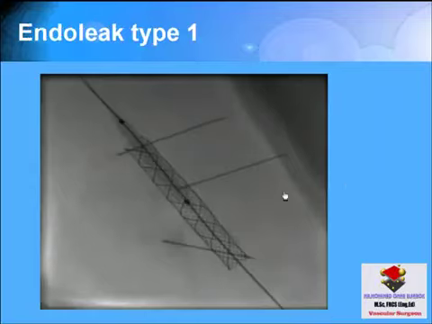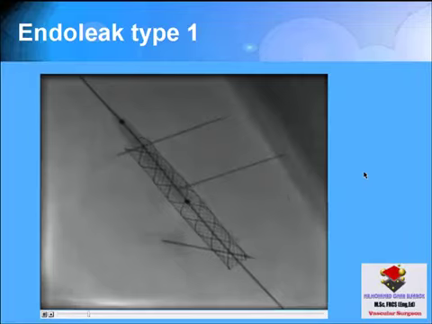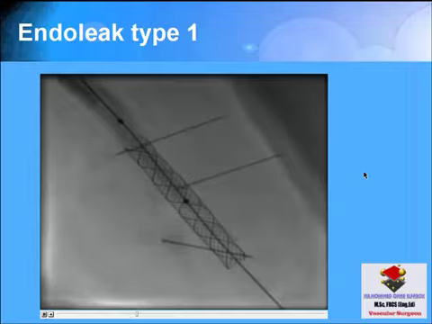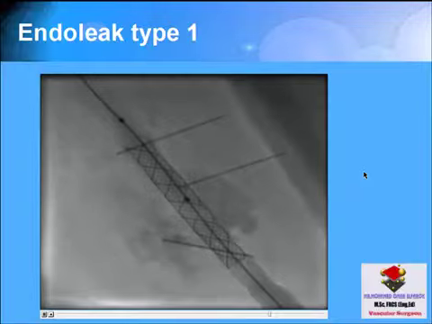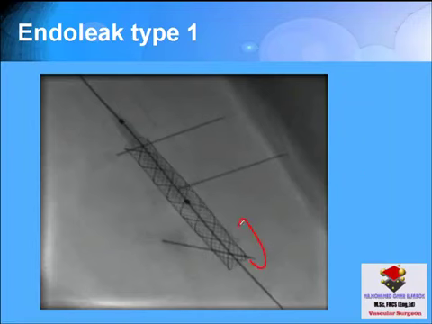After this we injected an angiogram after deployment of the stent, and you can see we have endoleak type 1. This endoleak type 1 is either coming from the lower end of the graft going up, or from the upper end of the graft going down, and the endoleak is roughly around this position.